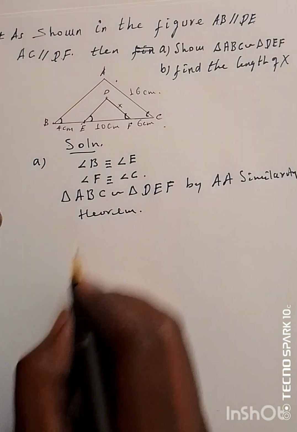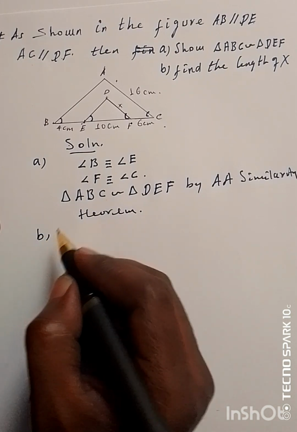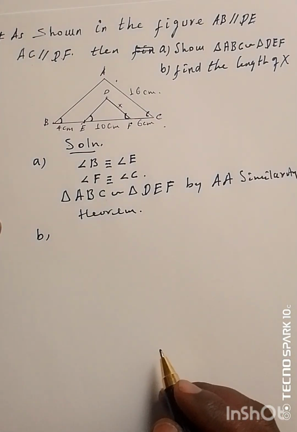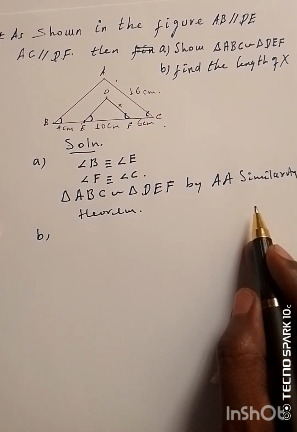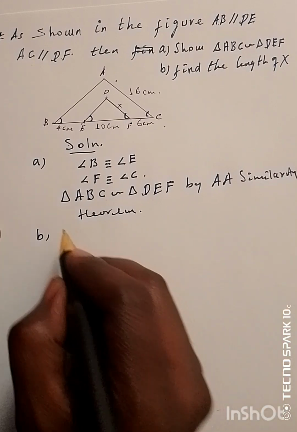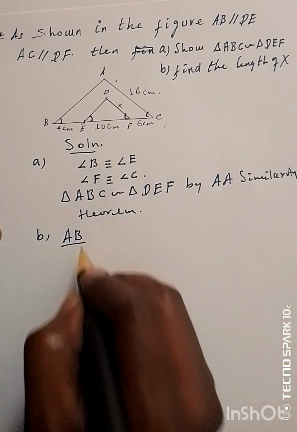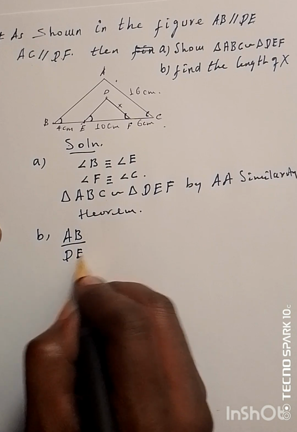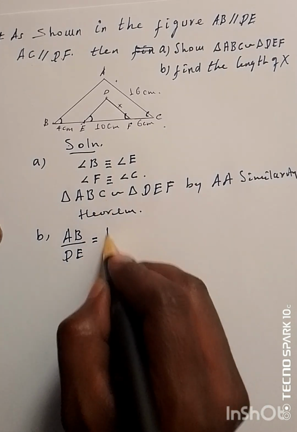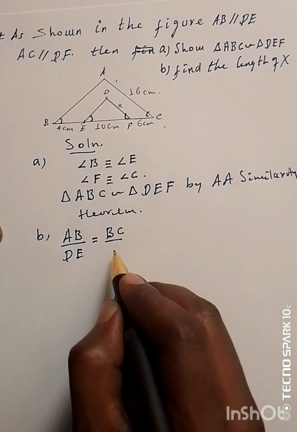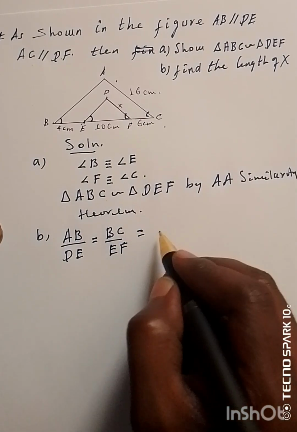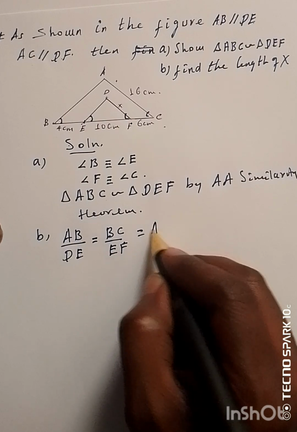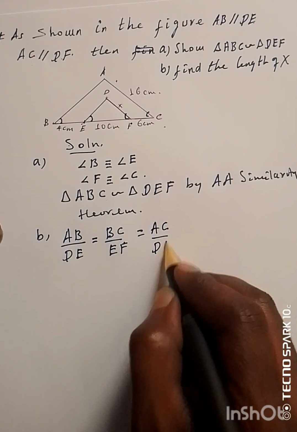This is A, B, as these angles are similar. From the proportionality of corresponding sides, from similarity of corresponding sides, we have side AB over side DE is equal to BC over EF is equal to AC over DF.